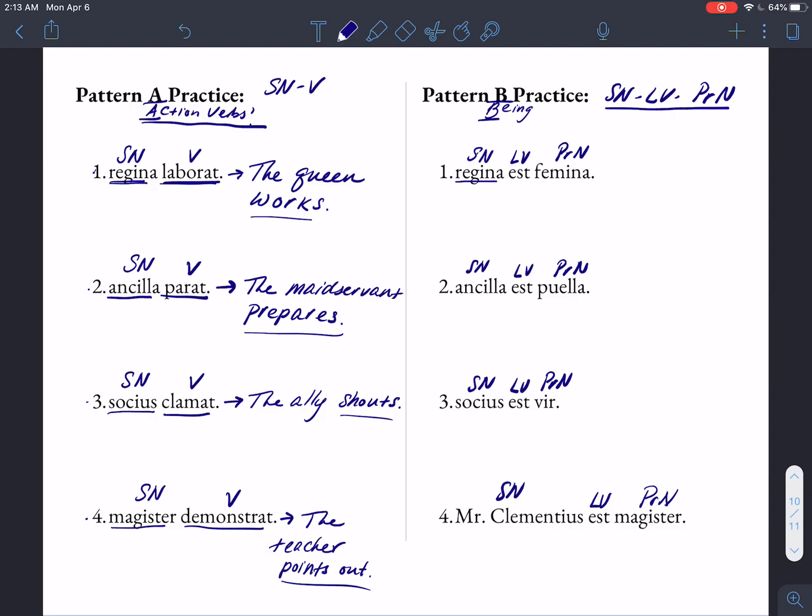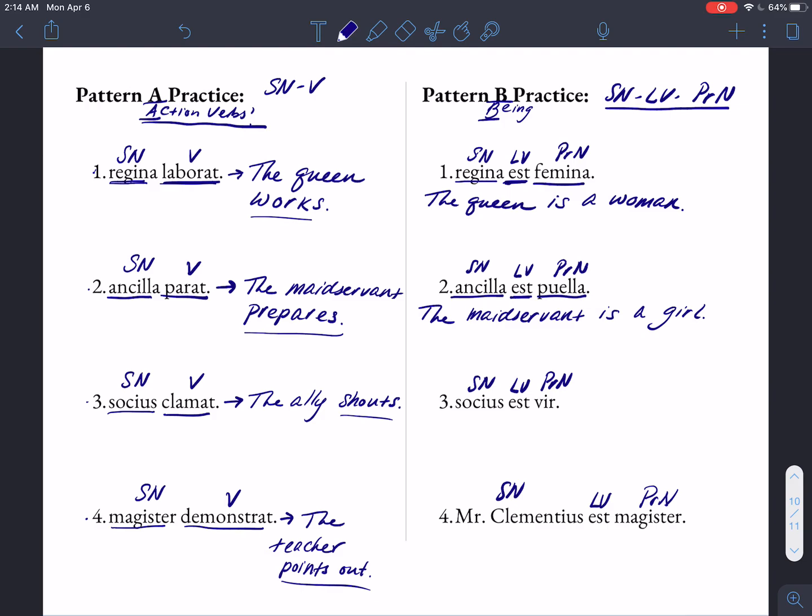So the Regina, the queen, what is she? She is a femina. She's a woman. Okay? Number 2. The ancilla, the maidservant, is a puella, a girl. Okay?